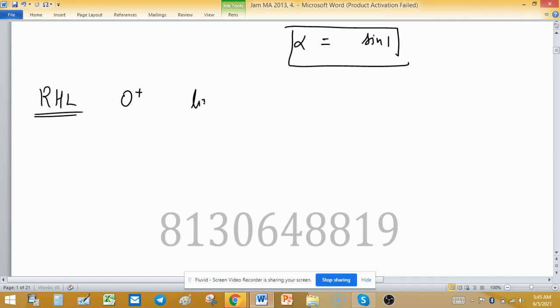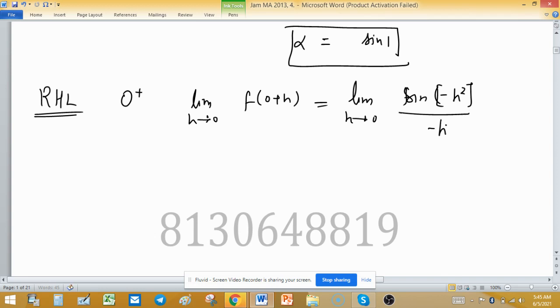This is equal to the limit as h tends to 0 of f(0 plus h), which is the limit as h tends to 0 of sine of [minus h square] upon minus h square, in the greatest integer function. Again we are approaching from the right hand side, meaning h is 1 upon 2, 1 upon 3, 1 upon 4, 1 upon 5.